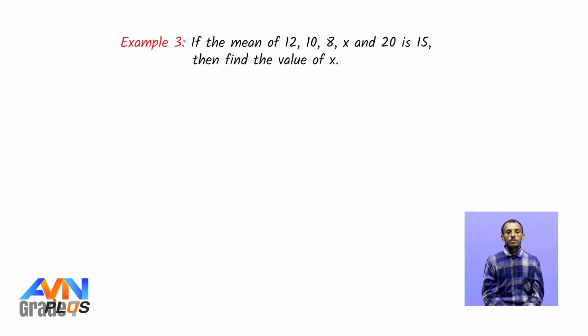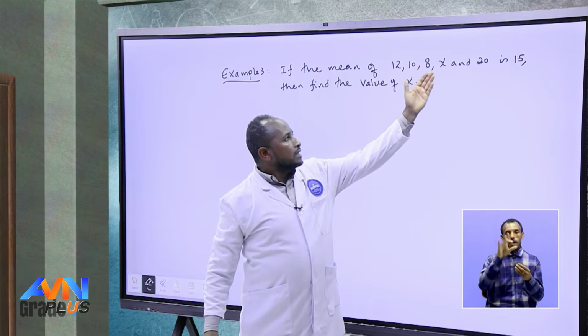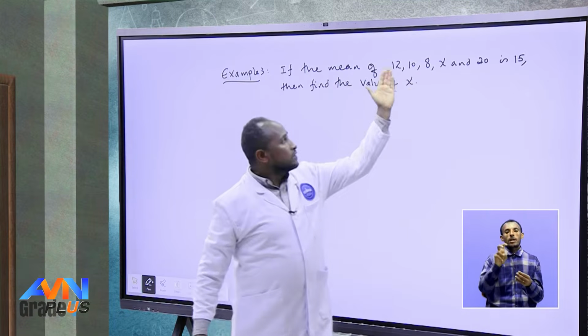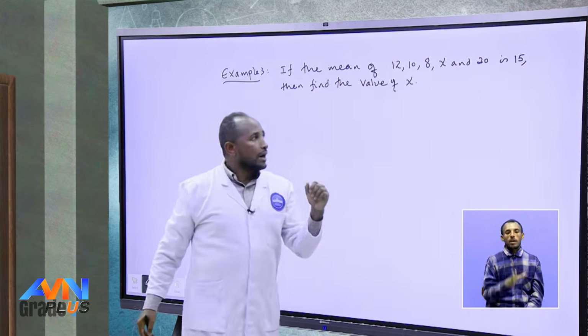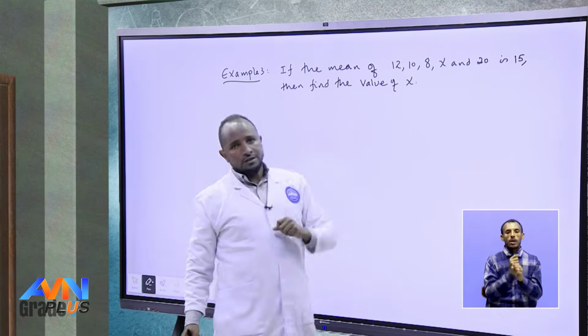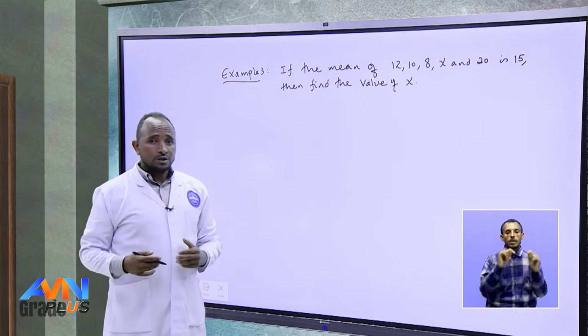Here you have 12, 10, 8, x and 20. The mean of this data set is 15, and we are asked to find the value of x. So let's try this question together.